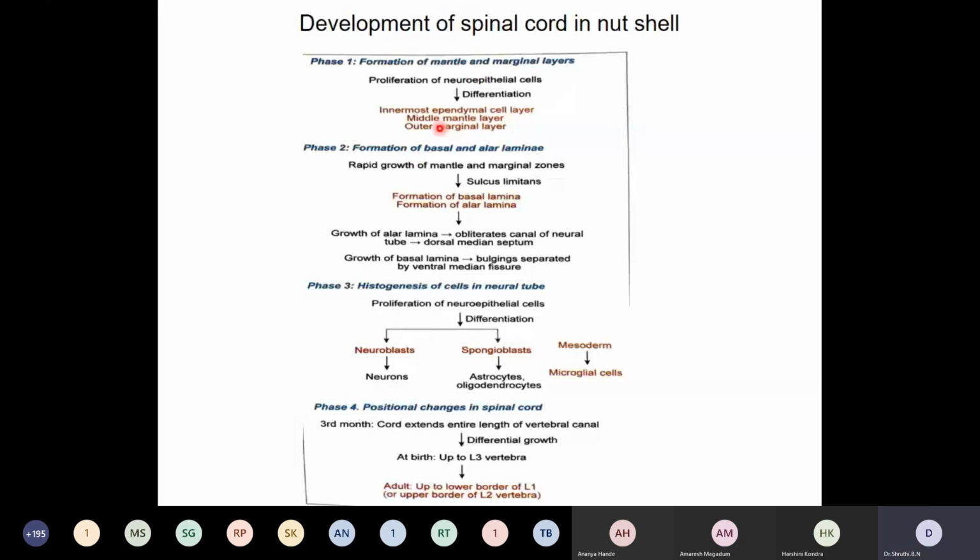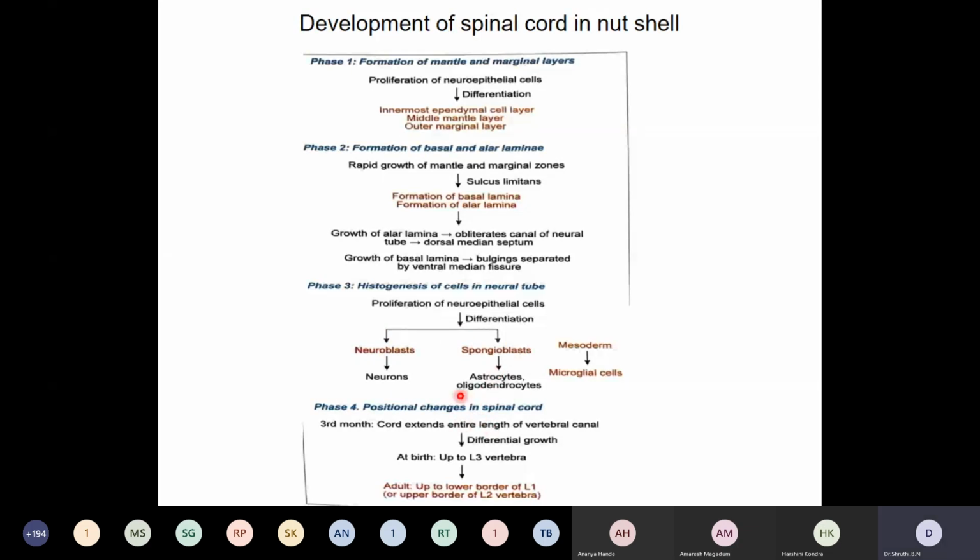And it gets differentiated into basal and alar lamina depending on their function. Motor neurons lie in the basal lamina and sensory neurons in the alar lamina. Sulcus limitans differentiates these two laminae. Then the neuroepithelial cells in the mantle layer differentiate into 2 types, neuroblasts and spongioblasts.